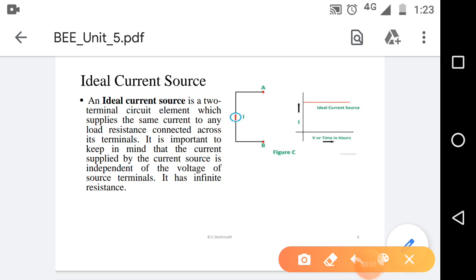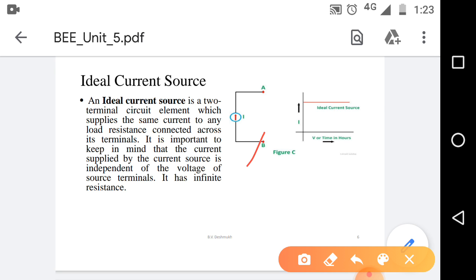Ideal current source. An ideal current source is a two-terminal circuit element which supplies the same current to any load resistance connected across its terminals. It is called an ideal current source. This figure represents the ideal current source diagram.